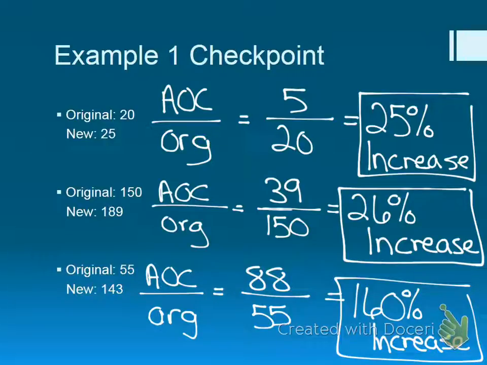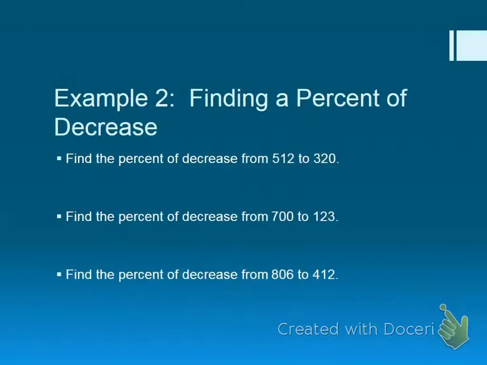Now in example 2, good news, same thing, except now I'm just moving the other way. Now I'm finding percent of decrease from original to new, from 512 to 320. So again, find your amount of change, divide it by your original, but this time your values are decreasing. No big deal, you just say decrease.